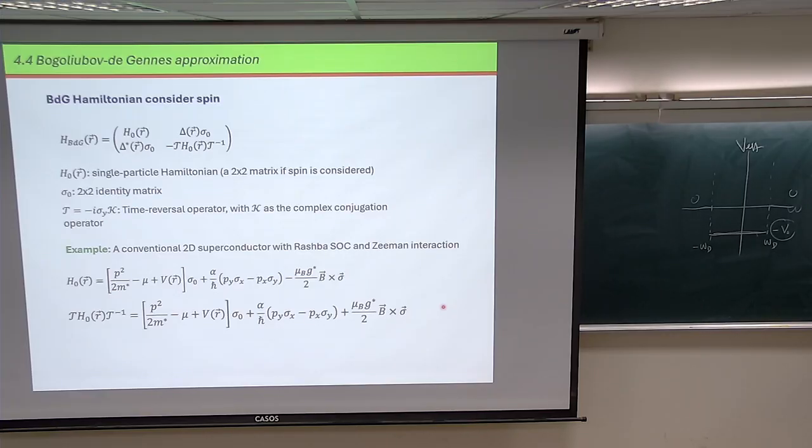So just P to minus P. If I change P to minus P, P squared remains the same. If I change here P to minus P and sigma to minus sigma, because I'm flipping the spin, this also remains the same. And if I change sigma to minus sigma, this is going to change the sign. So the time reversal is exactly the same, but the last one is changing the sign here from minus to plus. Then you can put this term in this other block.